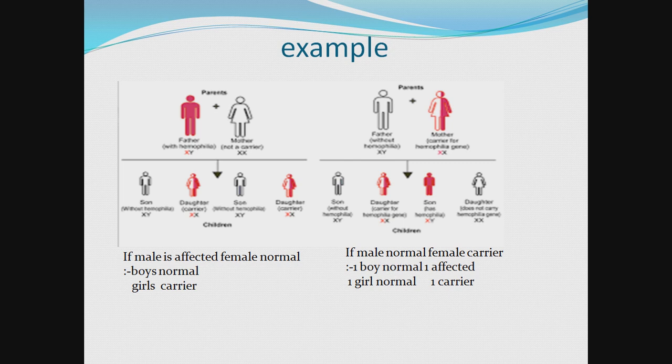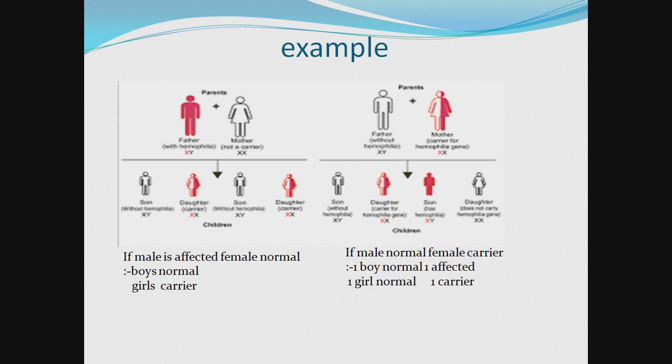So let's go for an example. If the male or father is here in the first diagram, the X is carrying the defective gene. So the male is the affected one.